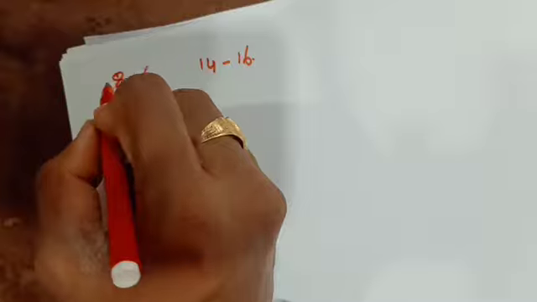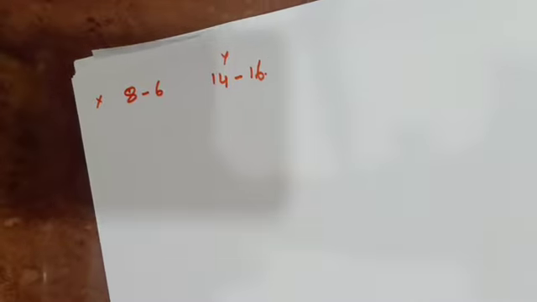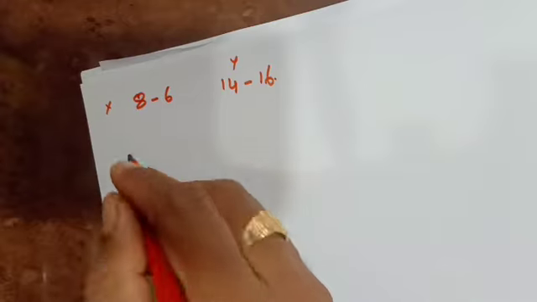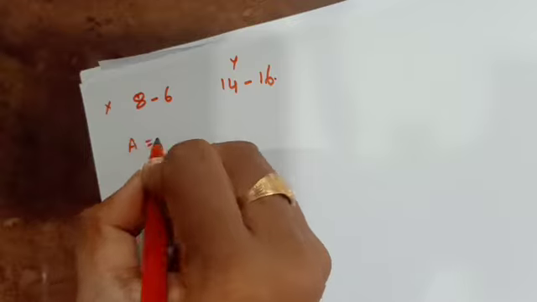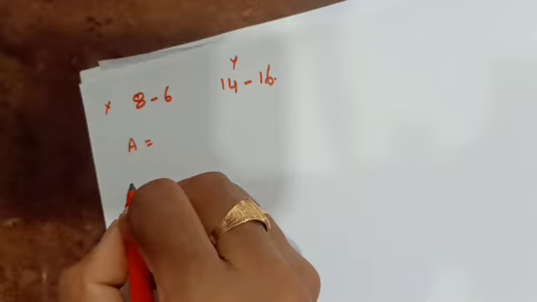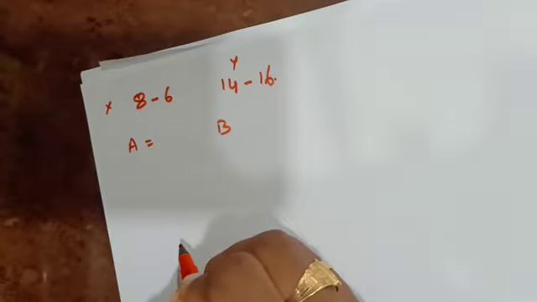So I am considering X and Y. Let A be the event that the first student solves the problem, and the second event, solved by B.